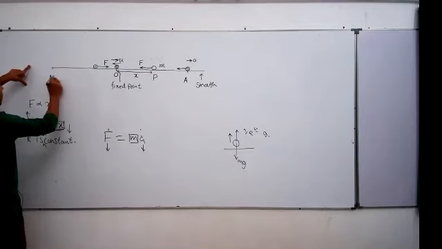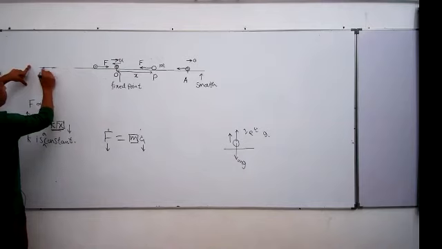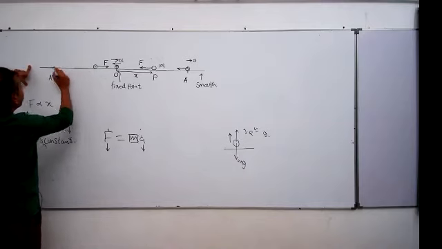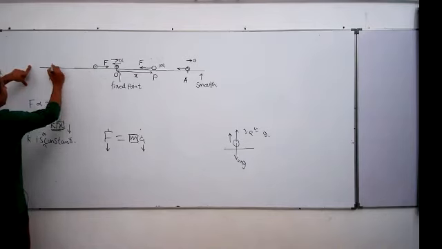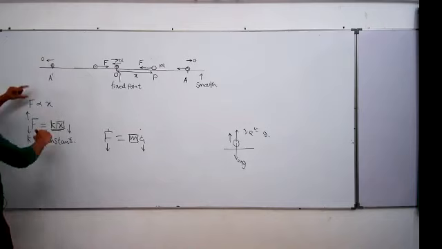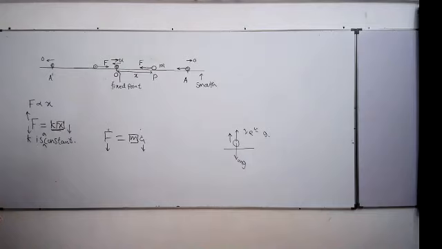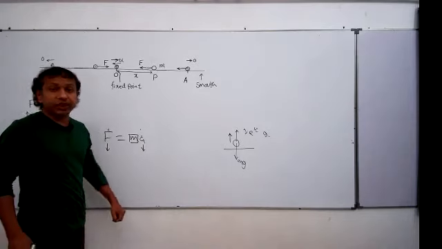Suppose that point is A dash. At the point A dash, suppose the velocity of the particle is 0 in this direction. Now, though the velocity of the particle is 0 leftward, the particle cannot rest there. The reason why?